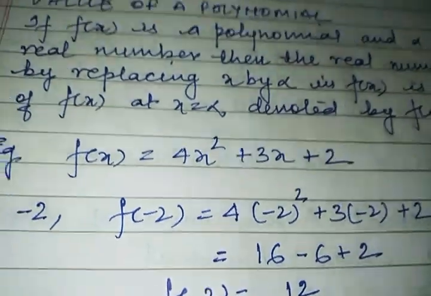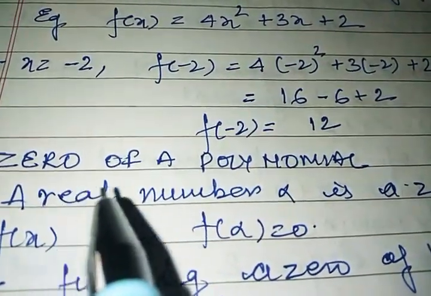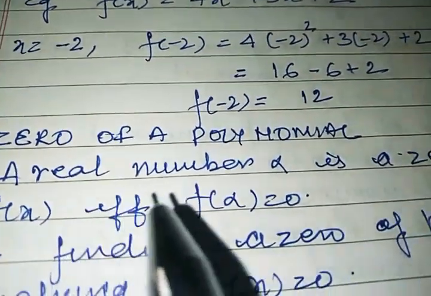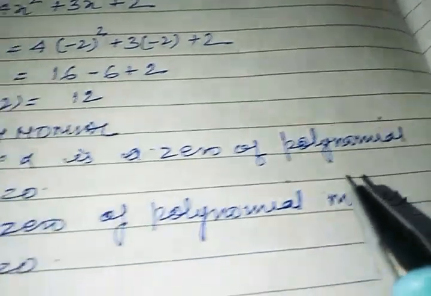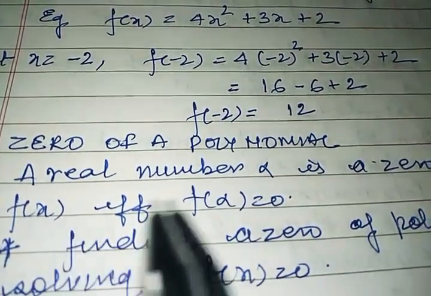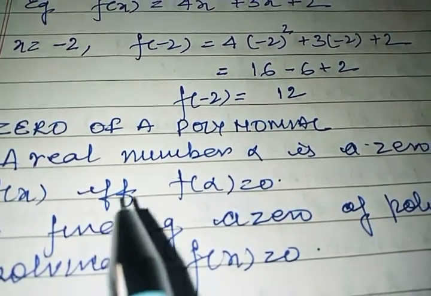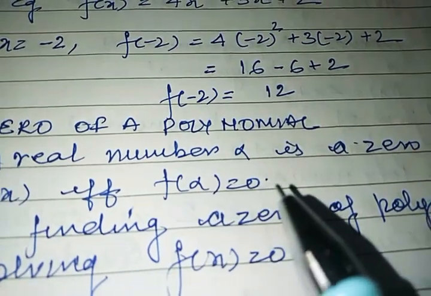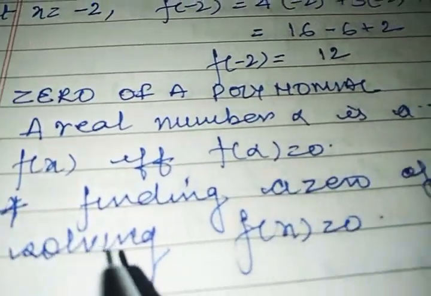Then next is zero of a polynomial. A real number alpha is a zero of a polynomial f(x) if and only if f(alpha) = 0.